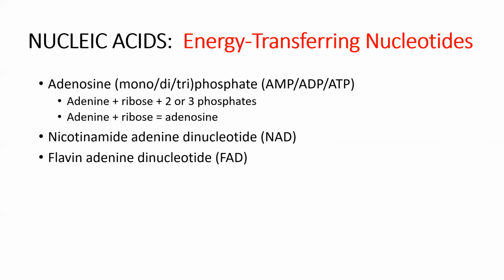If you remember, oxidation being loss of electrons, reduction being gain of electrons. So these molecules can be reduced to help carry electrons either into the cell to be a part of cellular respiration, or they can be returned back to pick up more electrons as a part of that electron transport chain. And we'll talk more about that when we get to cellular respiration, but I really just want to drive home that at the core, these molecules are nothing but nucleic acids, okay?